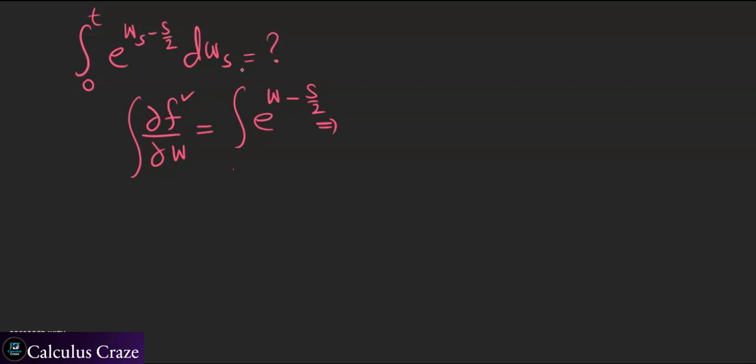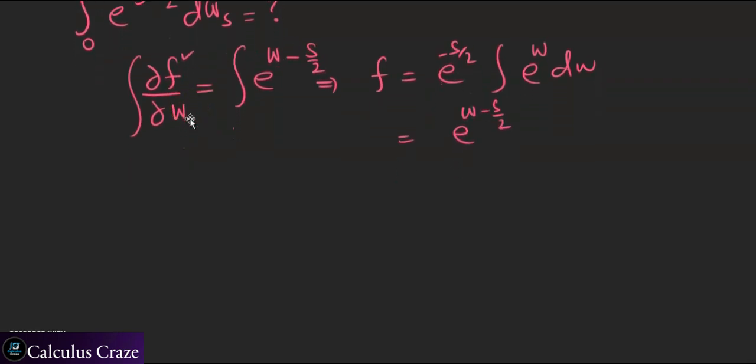And fortunately, that f can be found by this antiderivative strategy. So f is going to be equal to e to the minus s by 2, taken as common, times the integral of e to the w dw, and because the exponential has the same integral, we get e to the w minus s by 2. So luckily in this case, our f is going to be the same as it is given inside the integral.